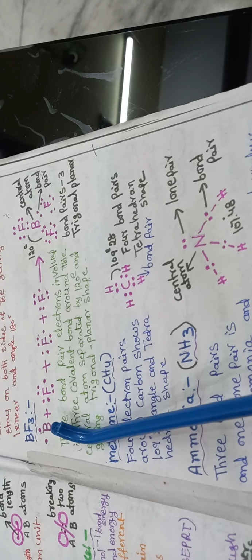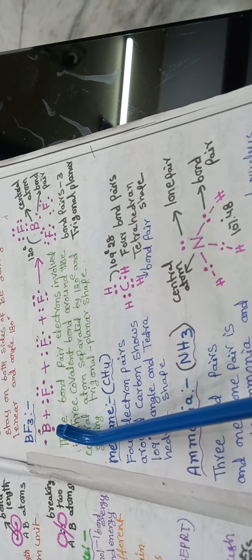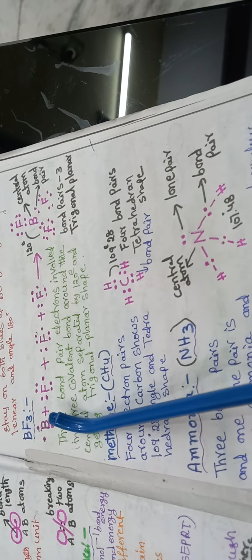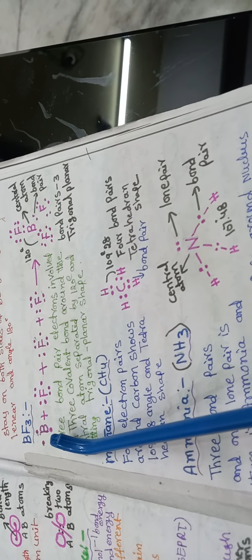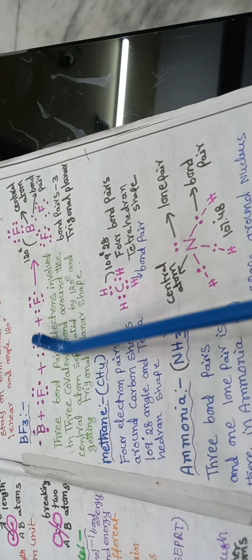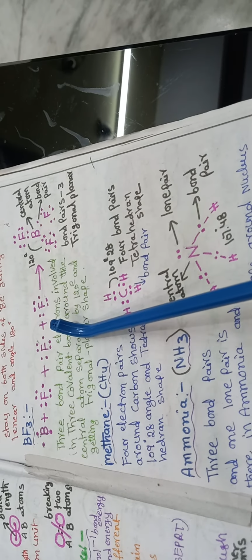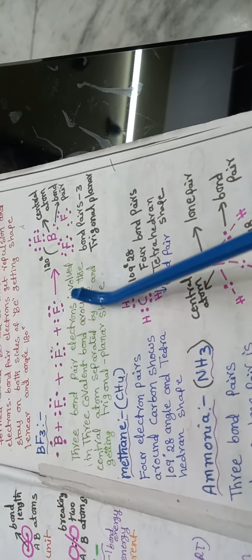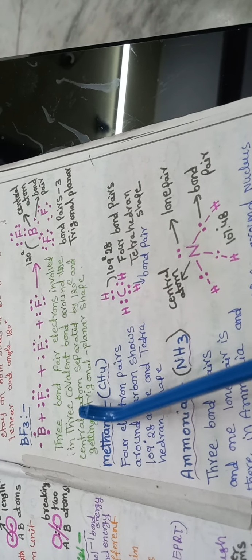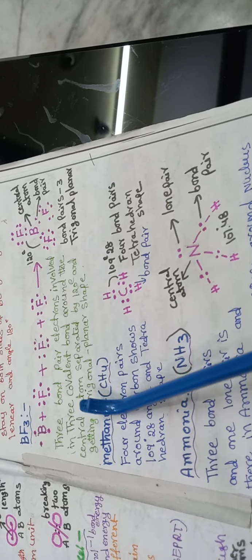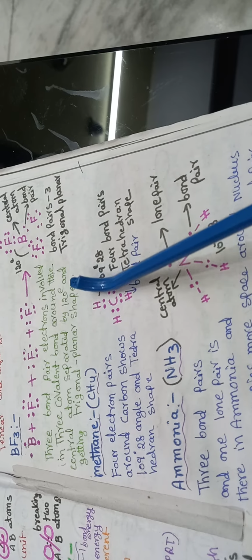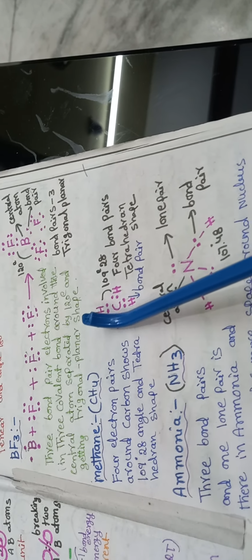So boron has 3 valence electrons, and boron shares these 3 electrons with 3 atoms of fluorine. Here we can see 3 bond pair electrons involved in 3 covalent bonds around the central atom, separated by 120 degrees and giving a trigonal planar shape.